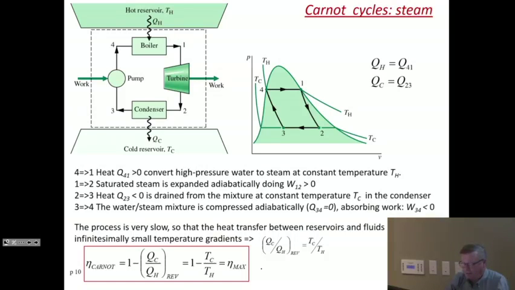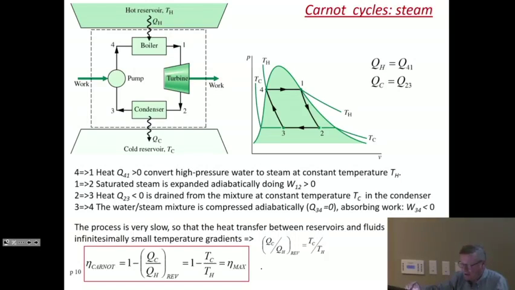And then we feed it back through a pump. So here we have water, and we compress that water from 3 to 4. So we bring the pressure up and the temperature up from 3 to 4 by adding work to it. So again, the pump is adiabatic. There is no exchange of heat there, and we have put work into the system.